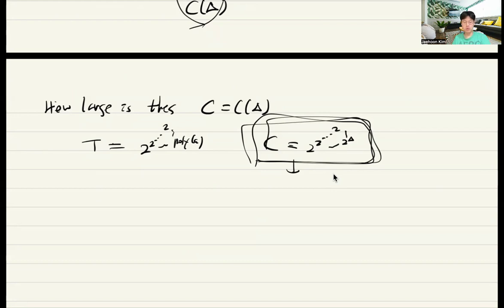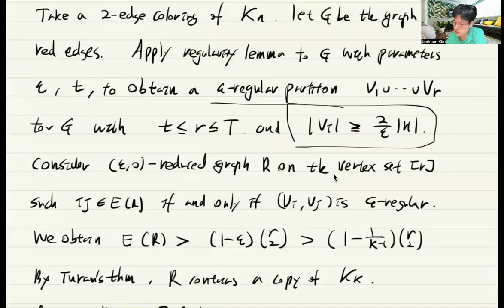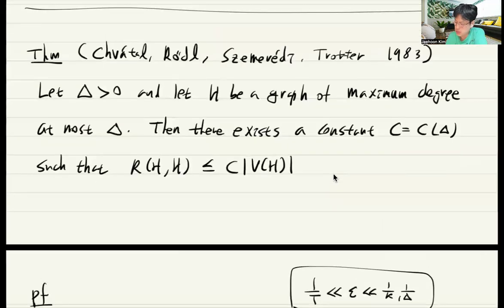For non-bipartite, we will not prove it, but we will mention it. Next time we will use dependent random choice to prove the same statement for bipartite H, but this time this C will be a much more reasonable constant that depends on delta.